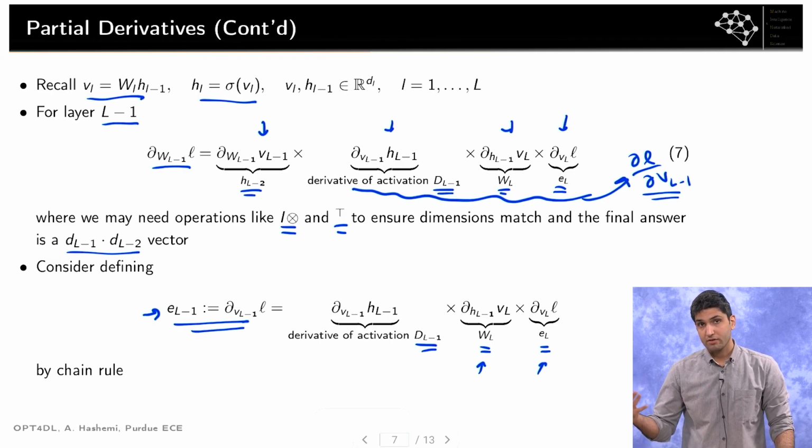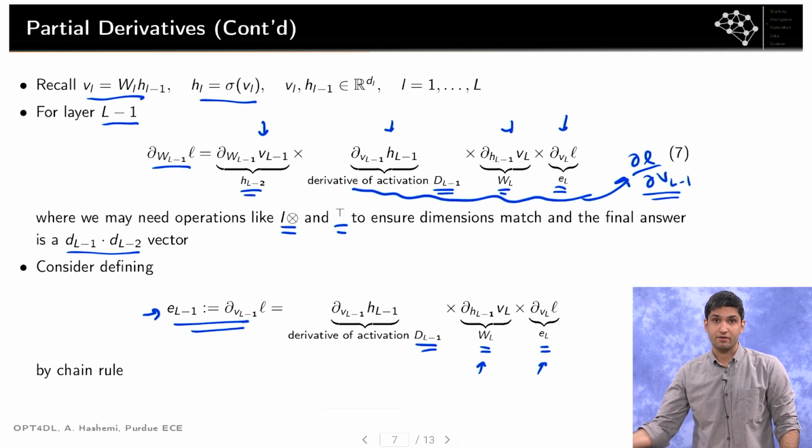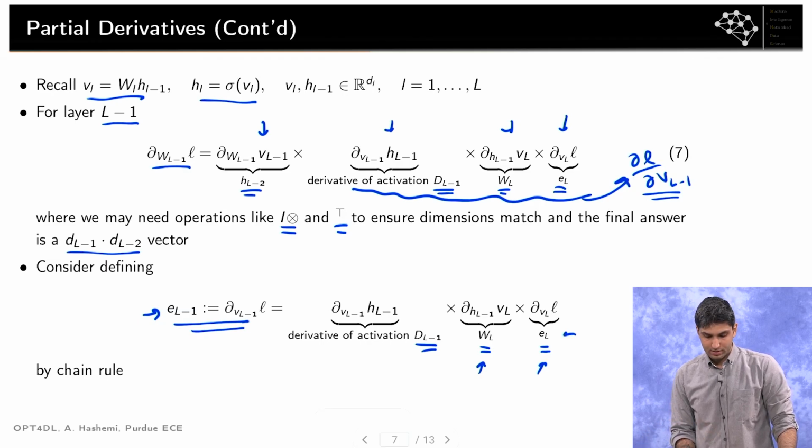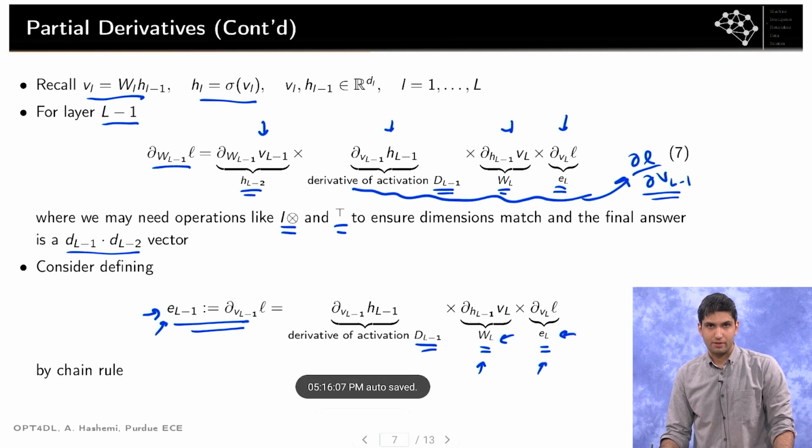If I am able to traverse the network backward and propagate these values, then I'll be able to calculate this error signal, and then I'll be able to calculate the partial derivative of loss with respect to the weights of this specific layer. And this is exactly the backpropagation method that we're going to formalize in a few minutes.